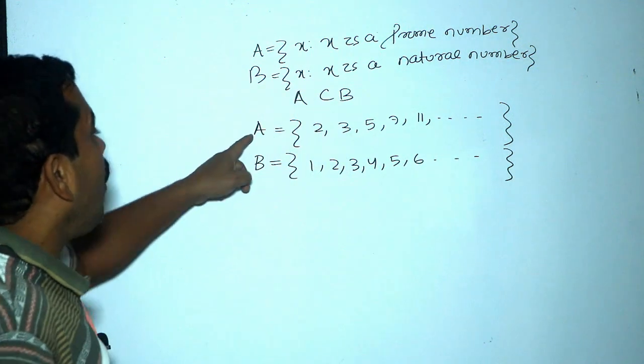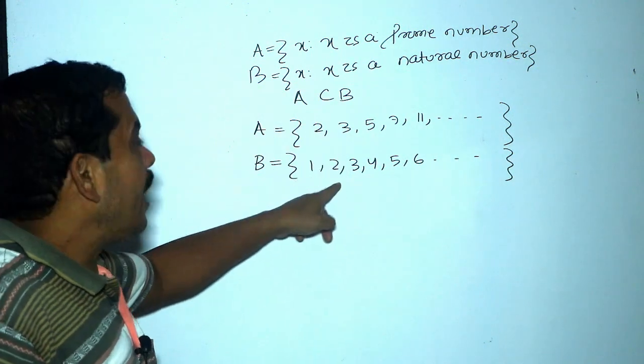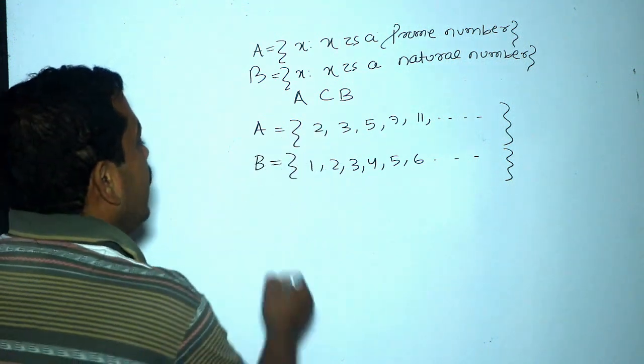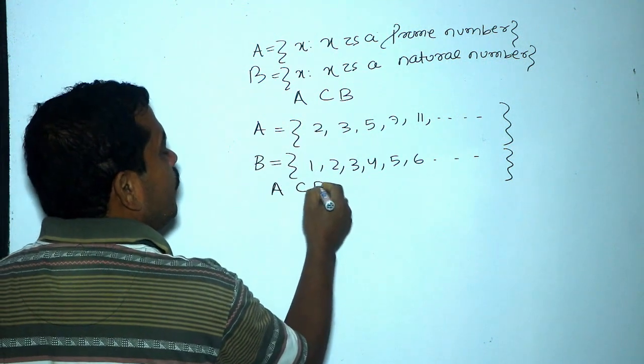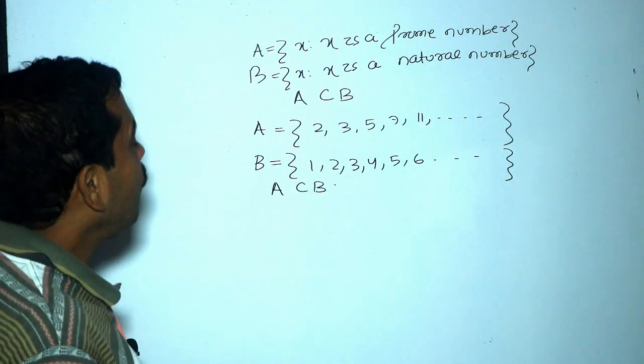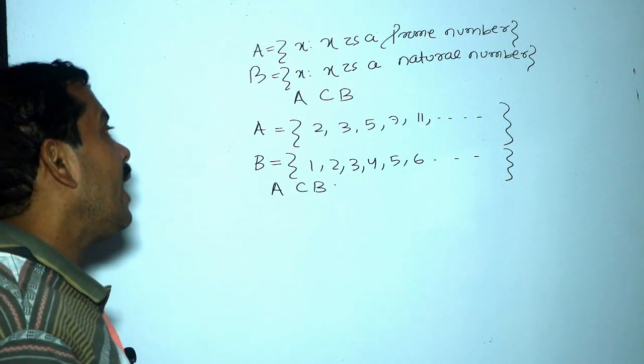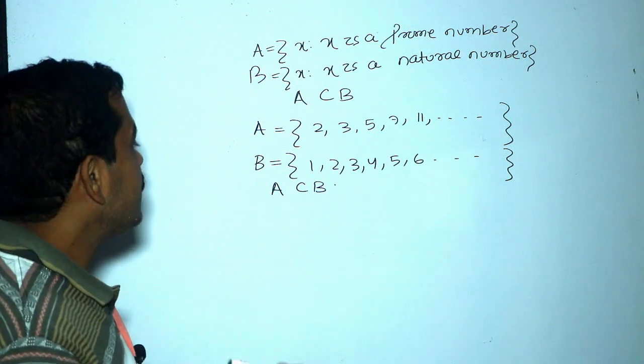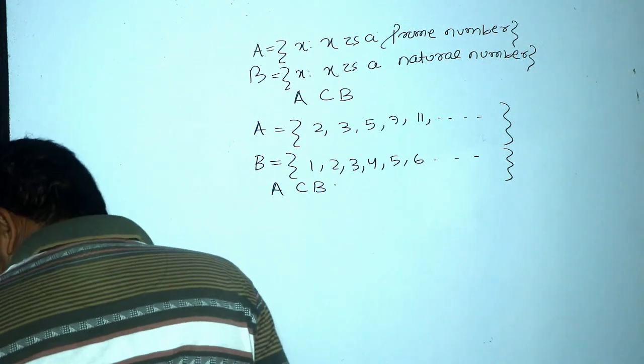So all the elements of set A are in set B, so A is a subset of B.